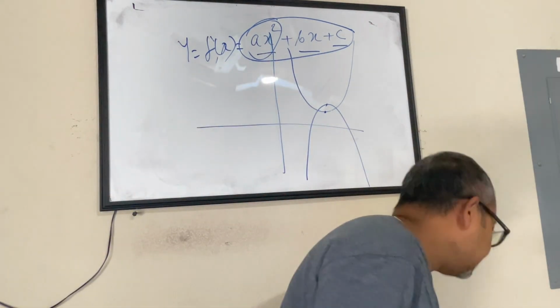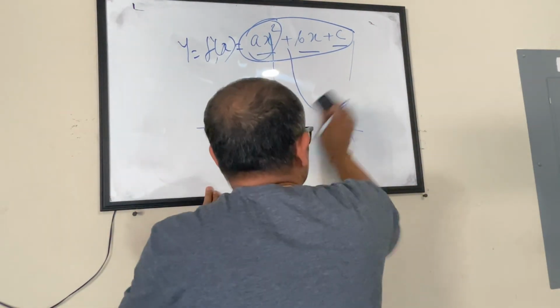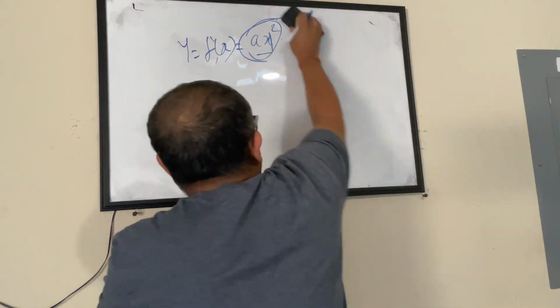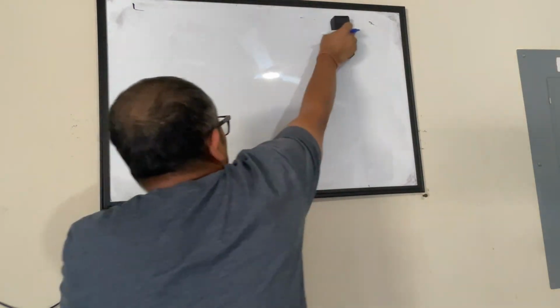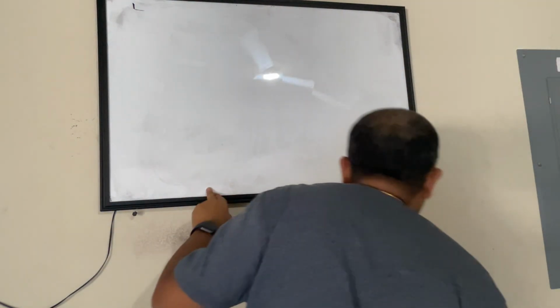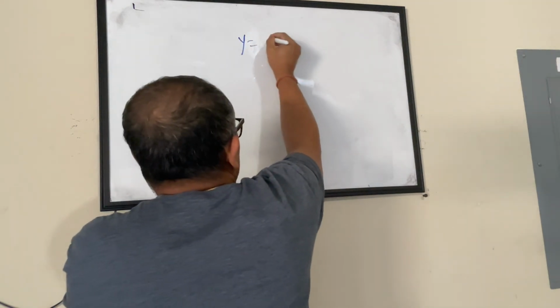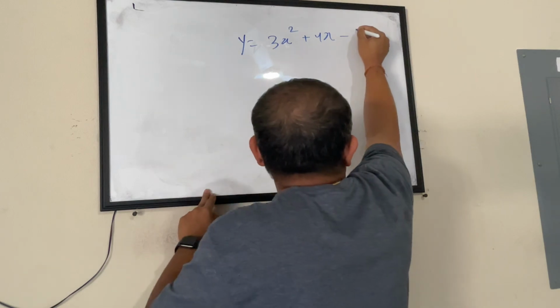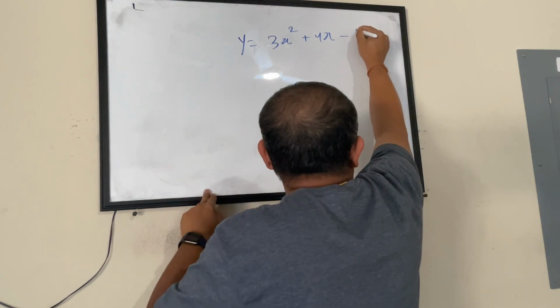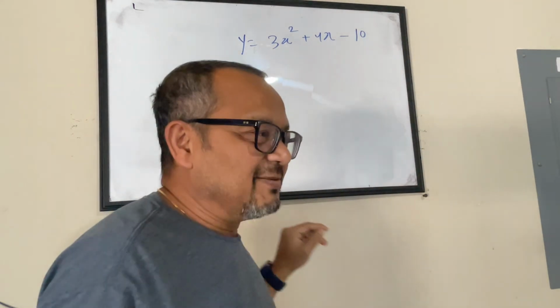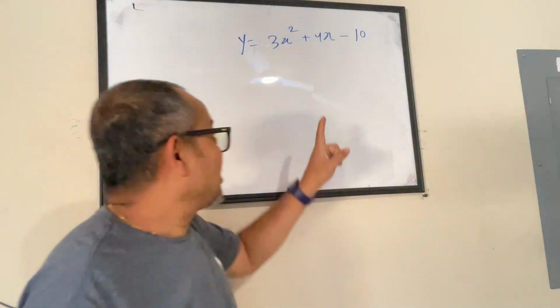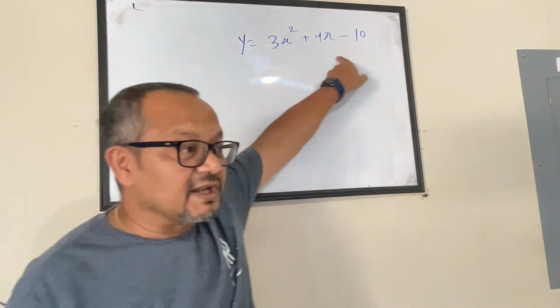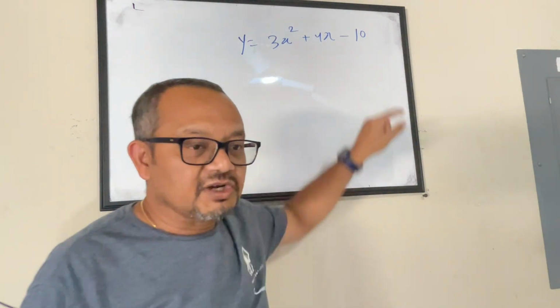So now let's dig a little deeper into it. So when we talk about a quadratic equation, let's say I have a quadratic equation y equals 3x squared plus 4x minus 7. Okay. So if I have an equation like this, it is a quadratic equation.